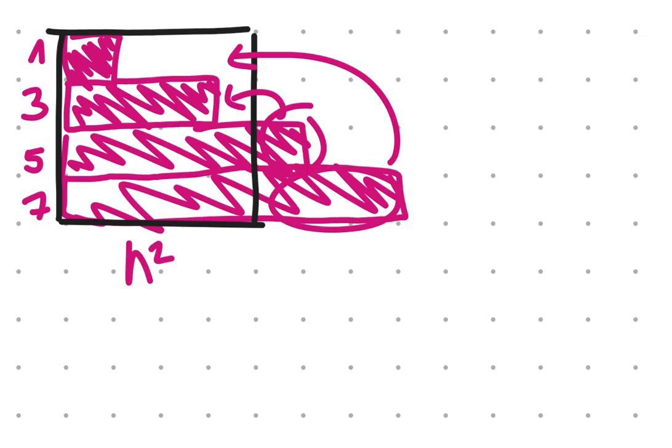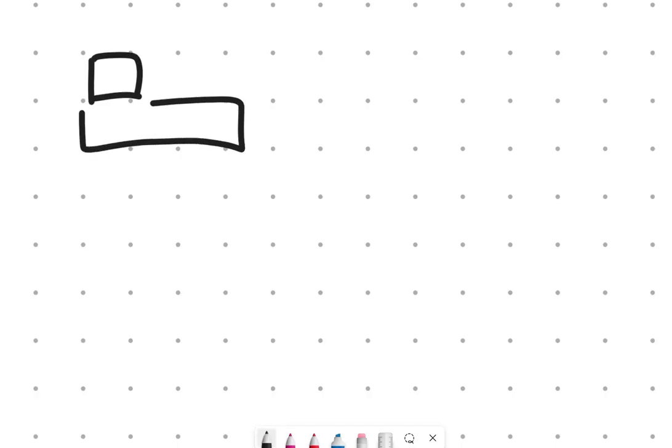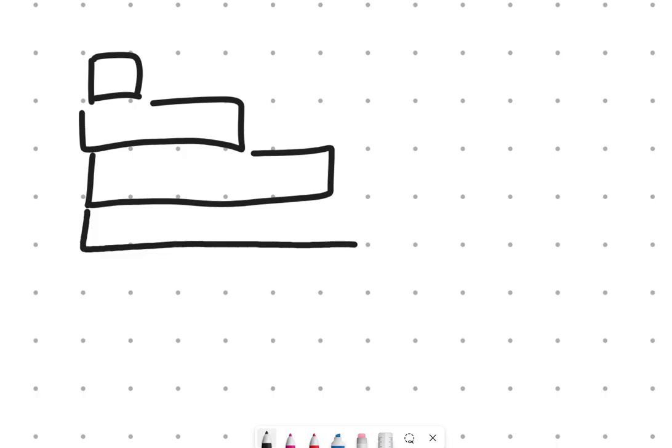Now how can we do it for any number? So let's say we have 1, we have 3, we have 5, we have 7, and so on. So we have any 2k minus 1. Now for any n, if we sum up n of those terms, then we need n units.